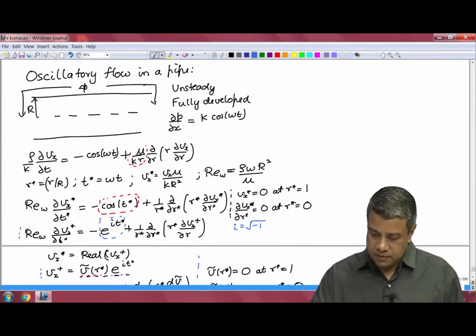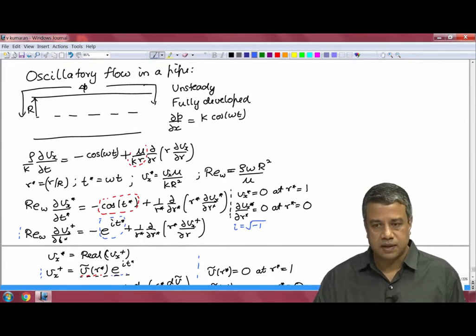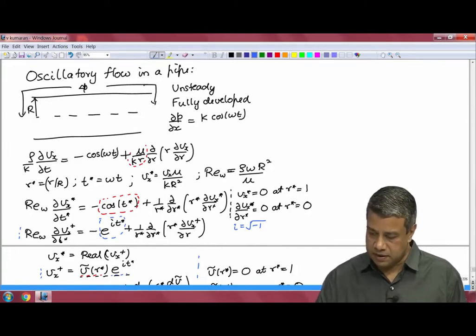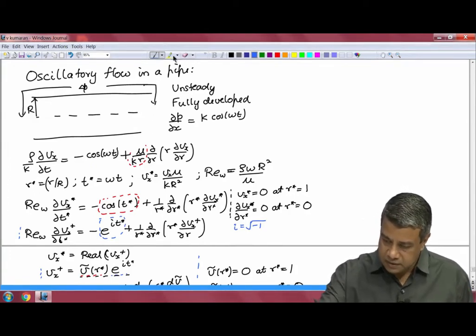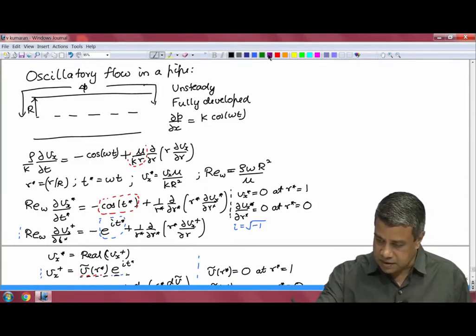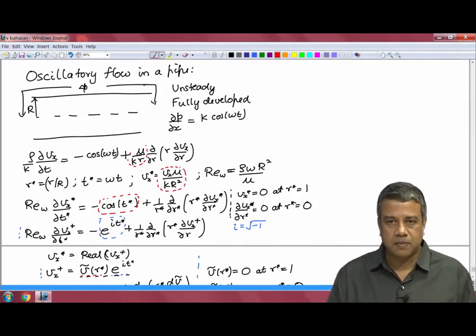And we had solved this problem. First, we had scaled the equations. We had scaled velocity by the viscous velocity scale, and time by the inverse of the frequency. Frequency is 2 pi divided by the time period.